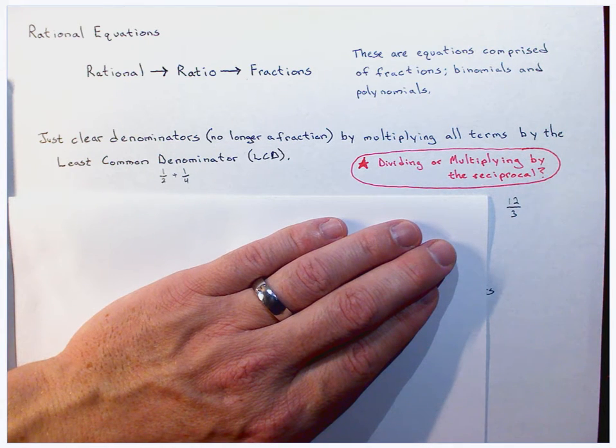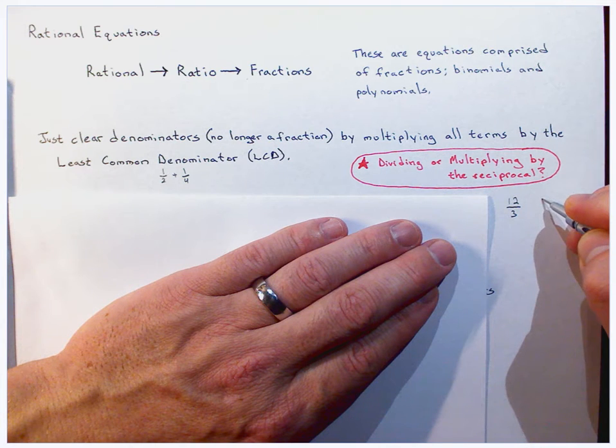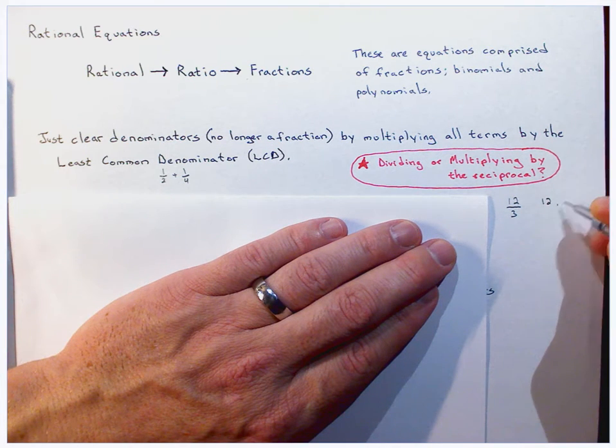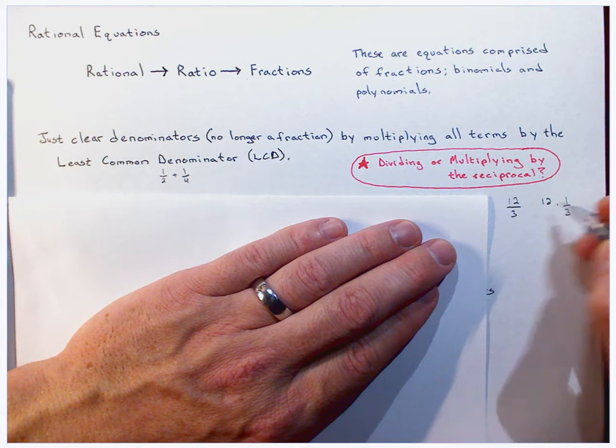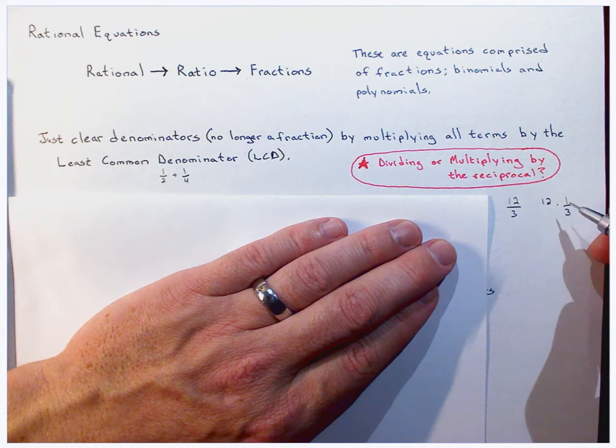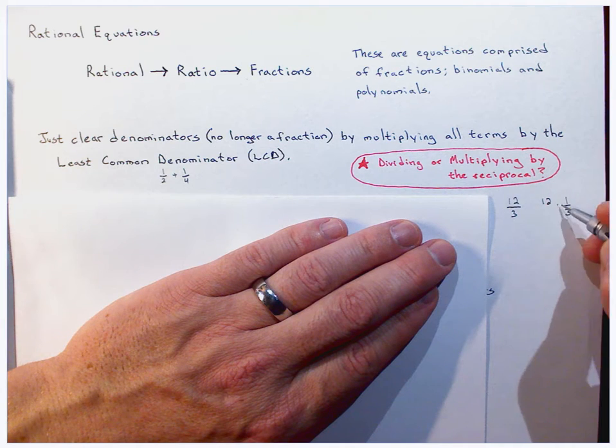Well, you know the answer to that. That's 4. But I could also say 12 times 1/3. 1/3 is the reciprocal of 3. And hopefully this way you can visualize it.